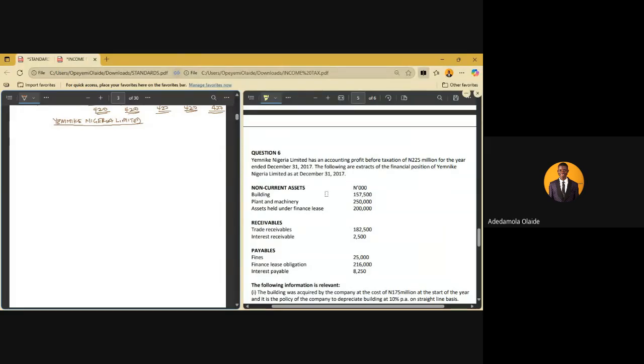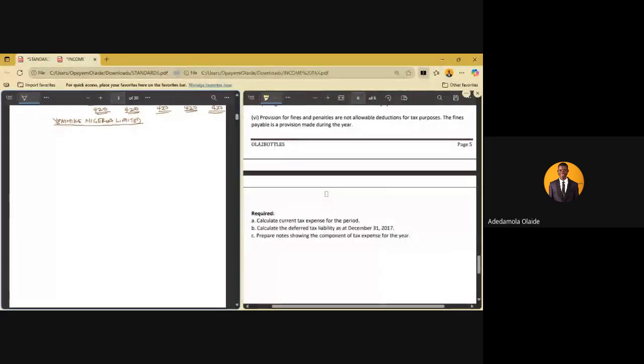The first requirement is what? We should calculate current tax expense for the period. Calculation of current tax expense for the period.